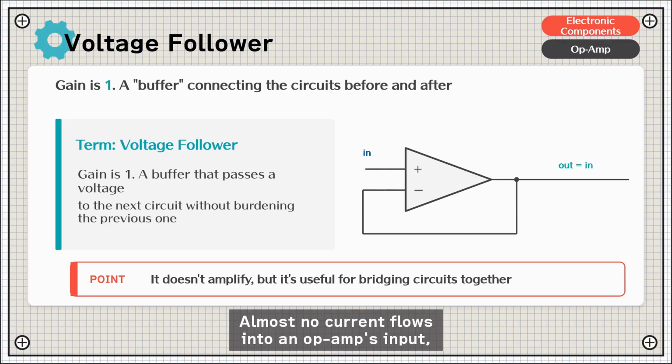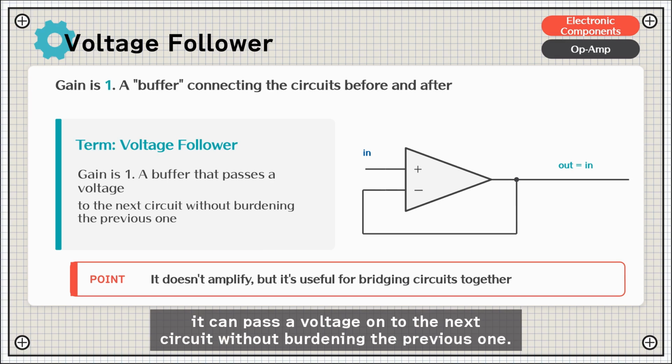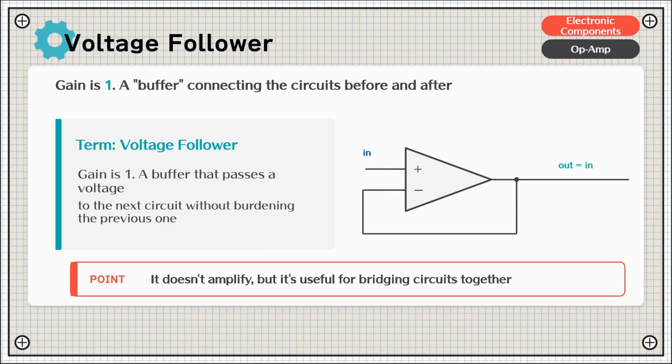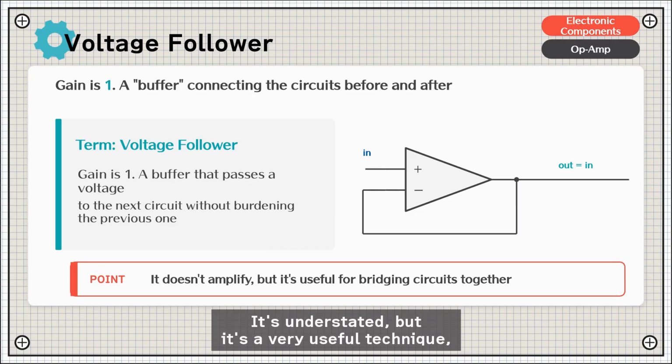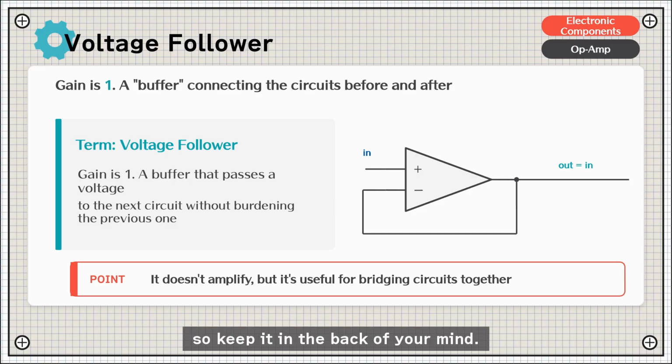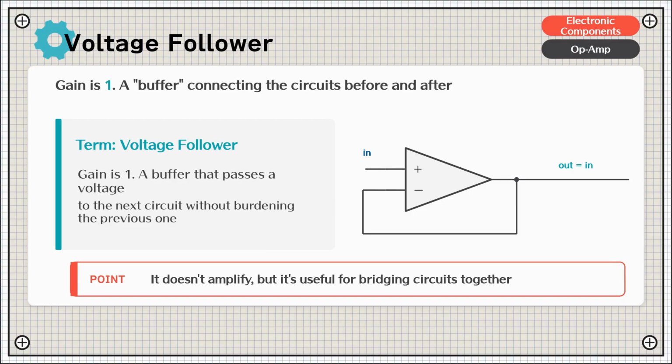Almost no current flows into an op-amp's input, and its output can supply plenty of current. Thanks to this property, it can pass a voltage on to the next circuit without burdening the previous one. Placed in between, it keeps the two from interfering with each other, a buffer so to speak. It's understated, but it's a very useful technique, so keep it in the back of your mind.